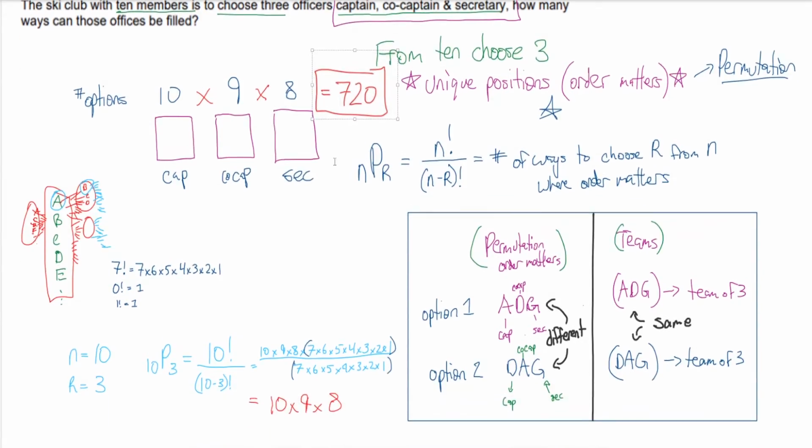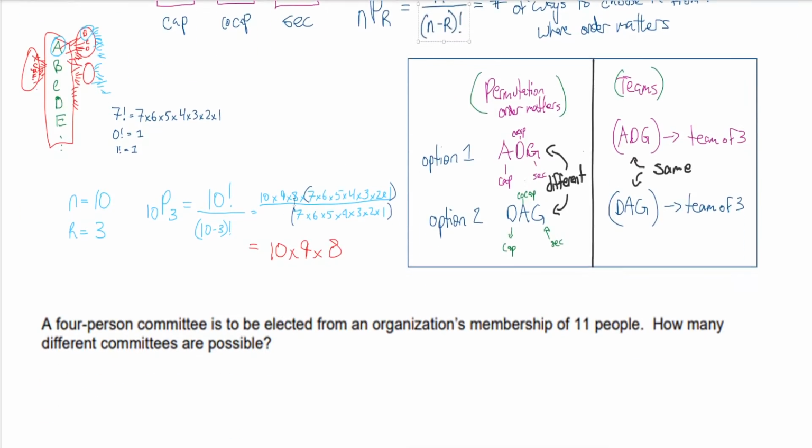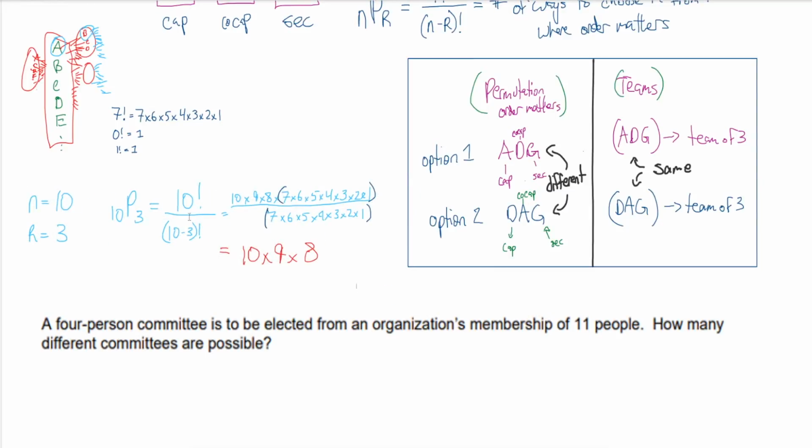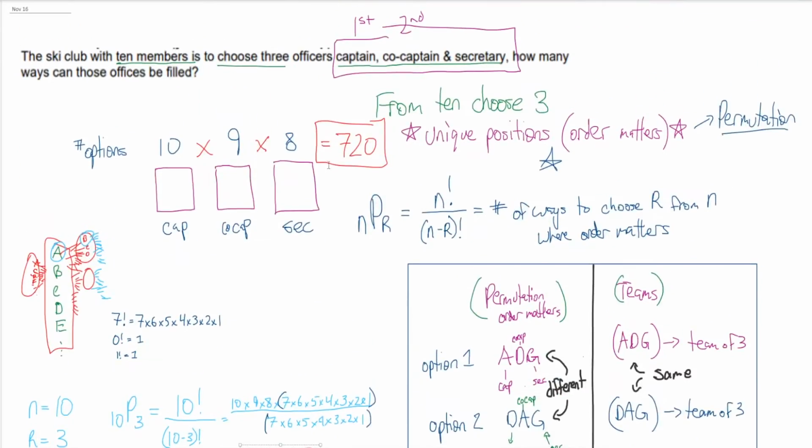Okay? We introduced the idea of the permutation, which is fancy math to show that when we do 10 permutation 3, we get 10 times 9 times 8. Okay? So we're going to start at the highest value. We're going to go down a certain number of steps. How many steps?